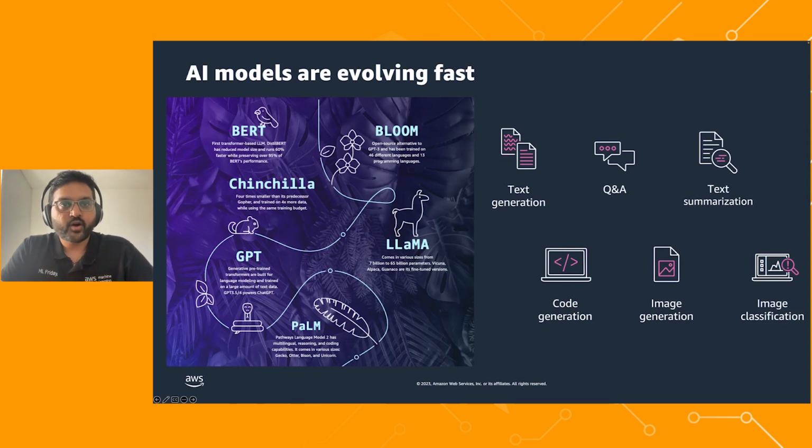All these models are evolving at a very fast pace, and each of these models, when they are out, they achieve state of the art accuracy in all the open tasks that are available, and that way customers are also able to take this and easily adapt them or fine tune them to their use cases. And in most cases, they can directly deploy these large models and get immediate results.